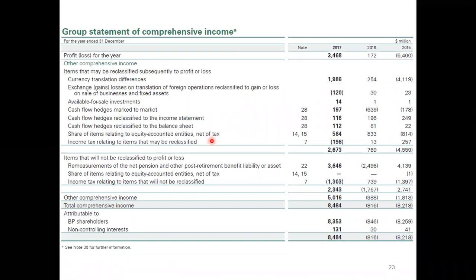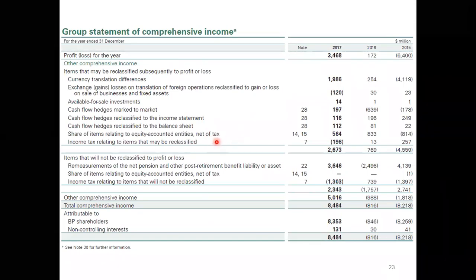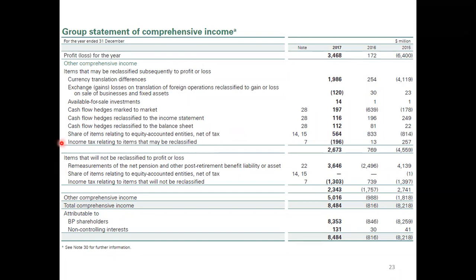Share of items relating to equity accounted entities, income tax relating to items that may be reclassified. It's very important, income tax, right? And items that will not be reclassified to profit or loss: remeasurement, which means revaluation of the net pension and other retirement benefits liability or assets, share of items relating to equity accounted entities, income tax relating to items that will not be reclassified.